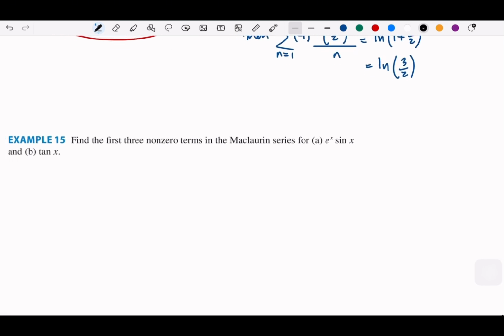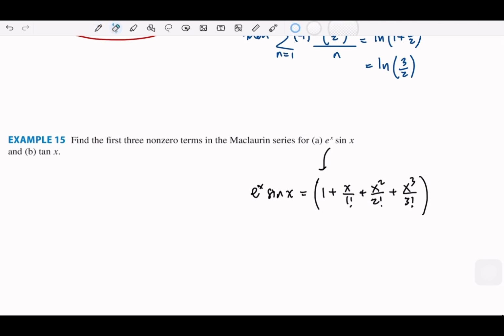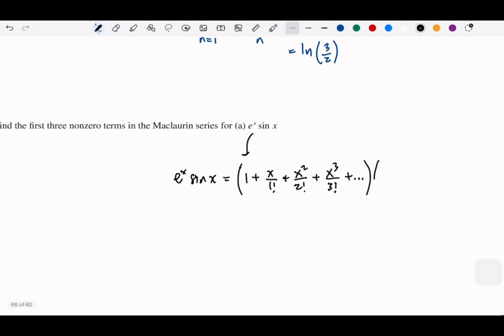For example here, we can rewrite this as 1 plus x over 1 factorial, plus x squared over 2 factorial, plus dot dot dot, and then the sine is x, alternating odd powers, right?